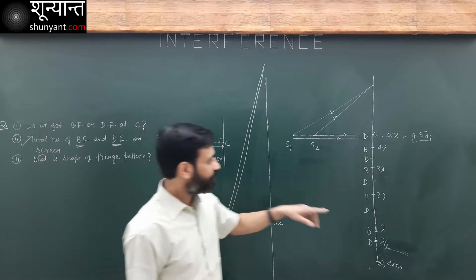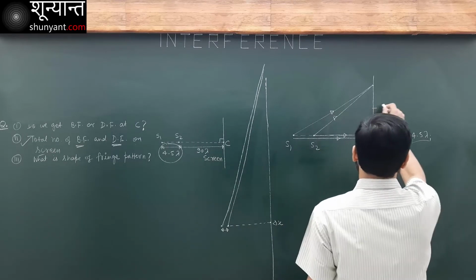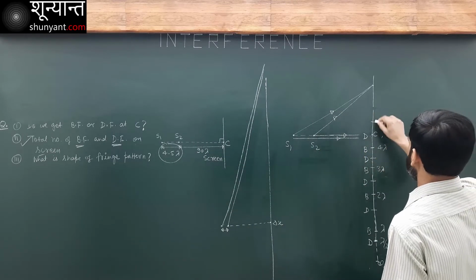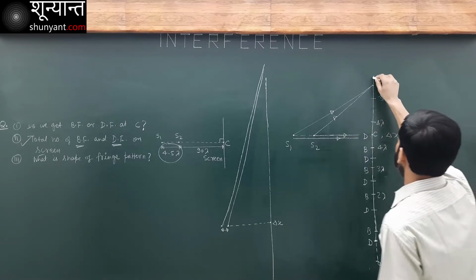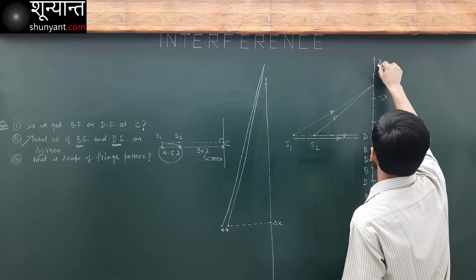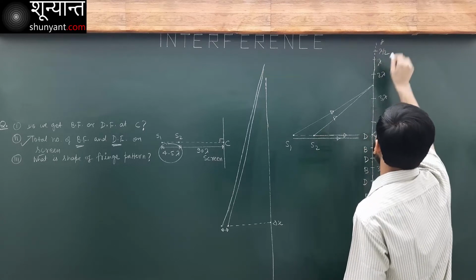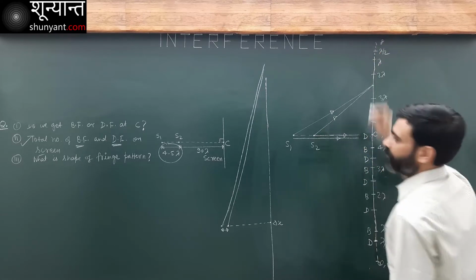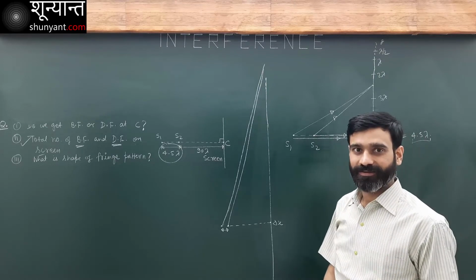The same pattern will be repeated above also. Here also it will be 4 lambda, then 3 lambda, somewhere 2 lambda, and then lambda, and then infinity, with lambda by 2 here. The last will be a bright fringe, but that will be at infinity.